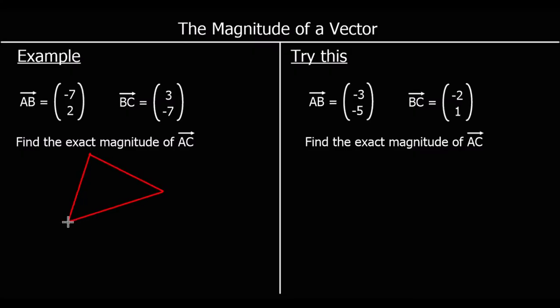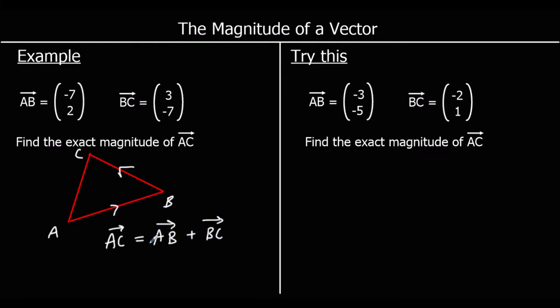So if we have A, B, and C, we can say AC is the same as AB and then BC. So AC is the same as AB plus BC.